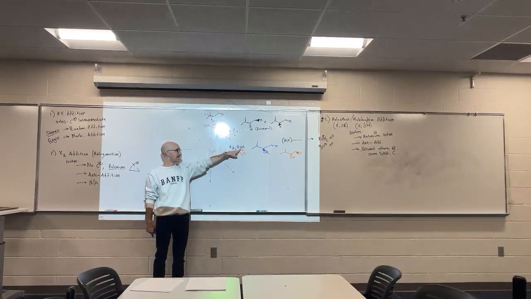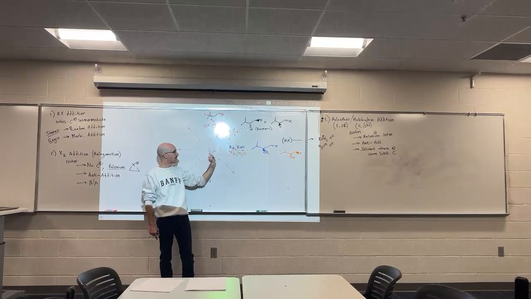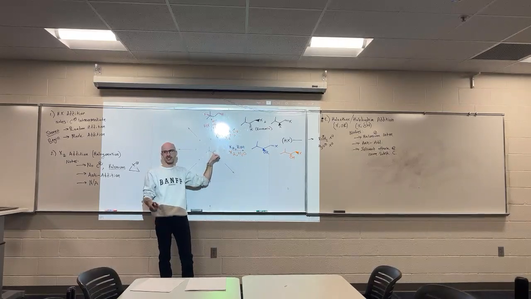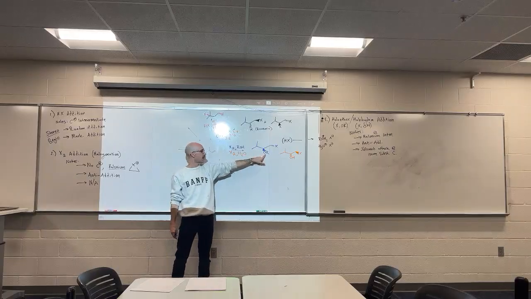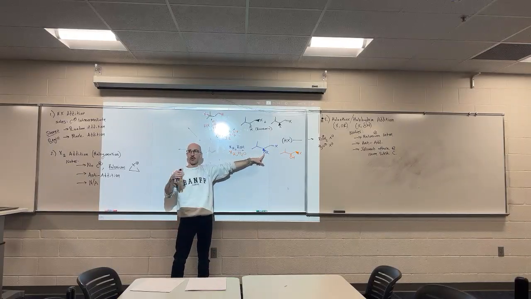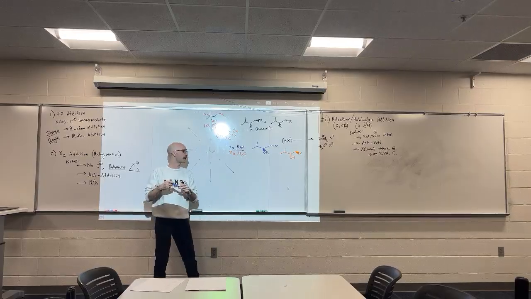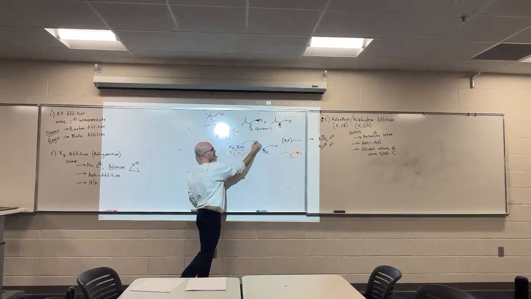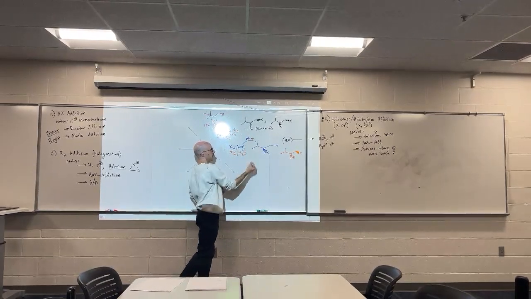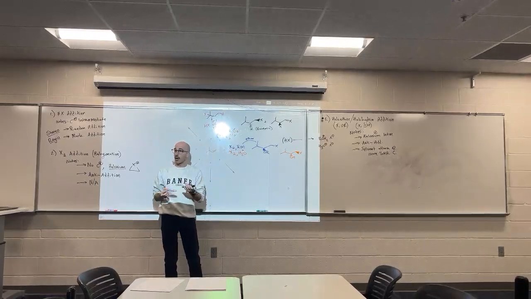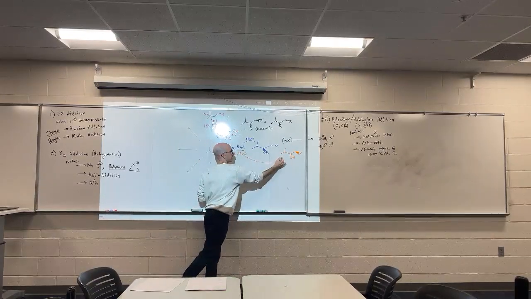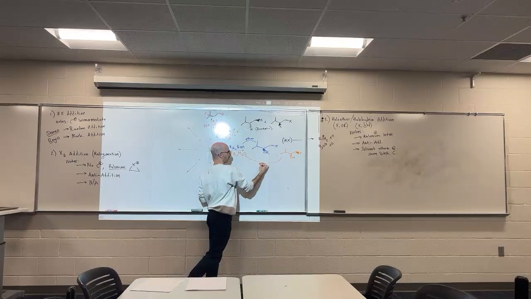So oxygen in the alcohol bonds to the carbon in the alkene, actually the carbon of the halonium ring. And then it tries to lose a bond. What's the easiest bond to break? OH. So it kicks off the H and it leaves us with OR and ether. So I want to say this one more time so that we catch it. The alcohol is a precursor to the ether, and water is a precursor to alcohol.